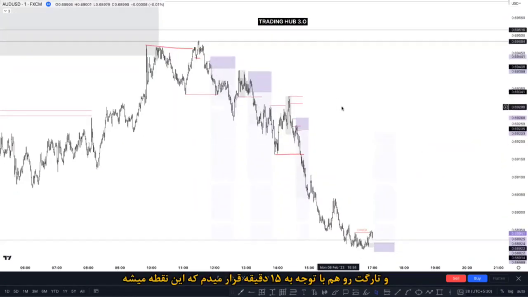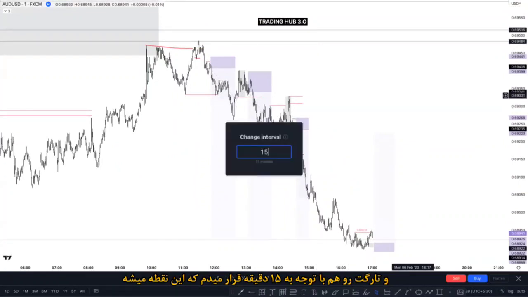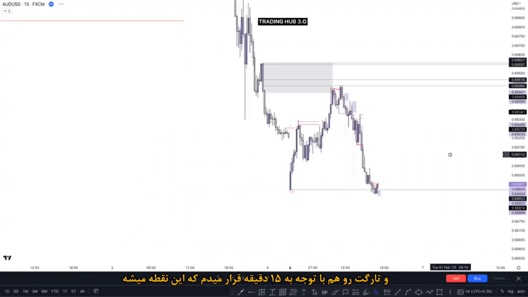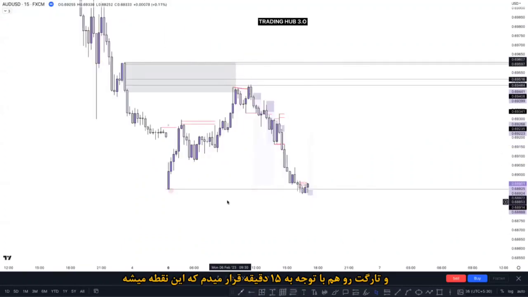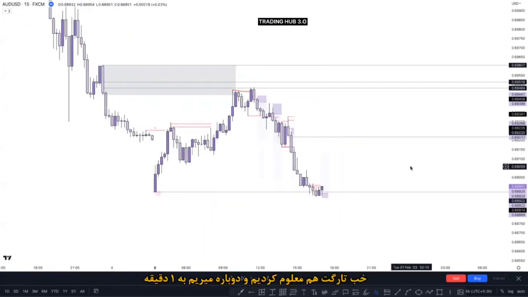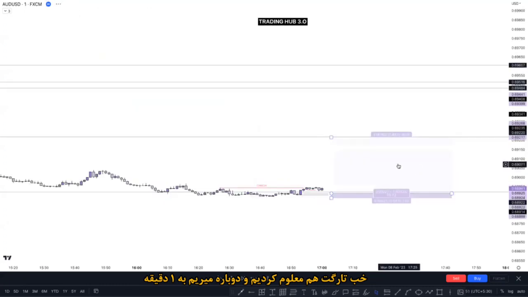Let me check again in a 15-minute time frame. This is our target at this point, right? So this is our target. Now again, switch here to the 1-minute time frame to see exactly what is happening here.